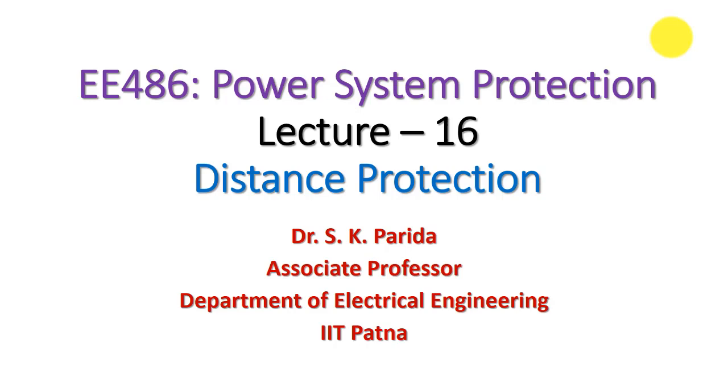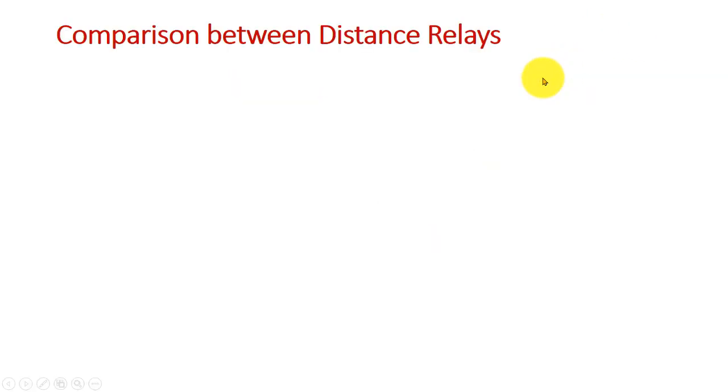So all these cases we discussed. Then finally we compared all the different types of distance relays. Now in this lecture also, a little bit we can see the comparison between distance relays.